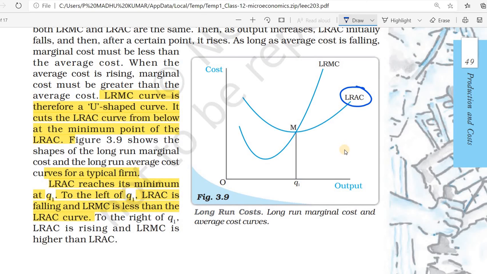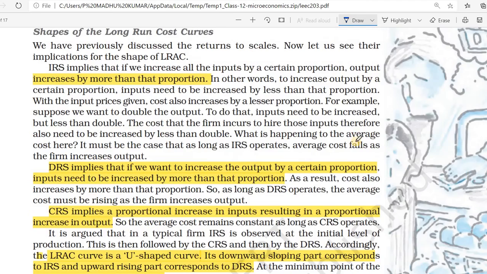What is the shape of LRMC and LRAC? It is U-shaped.